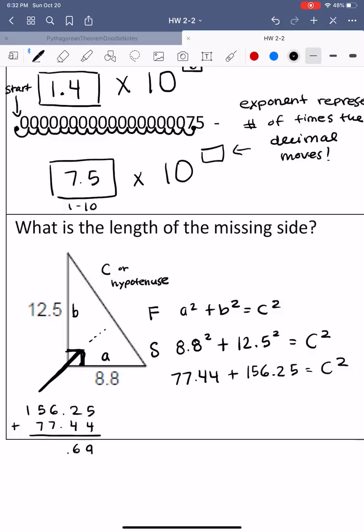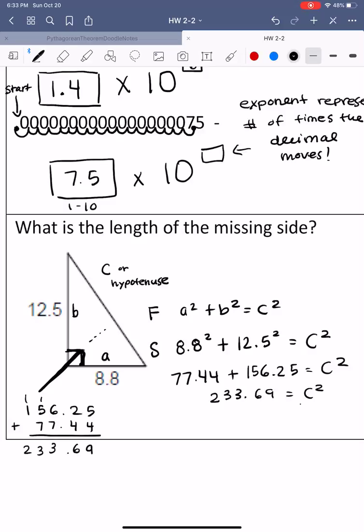Hold on. 77.44 plus 156.25. And we're left with 233.69 equals c squared.